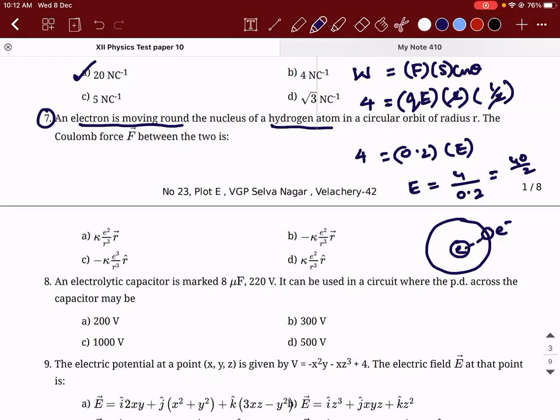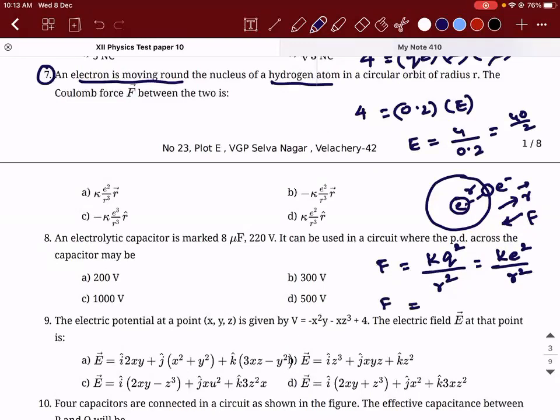So the distance between these two, if I call it r, what is going to be the value of force? It is k Q1 Q2, that is Q square divided by r square. This is a magnitude. So I can write it as k e square divided by r square. But this is the direction of r vector and this is the direction of force. So F will be equal to k e square divided by r square into negative of r cap.